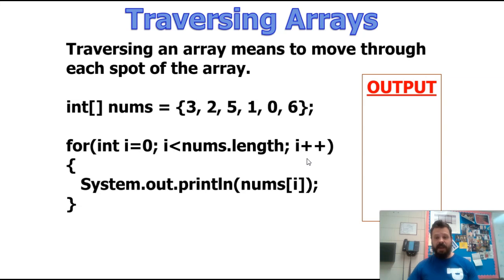Then we'll say i++ to count up by 1 every time. And within that loop, you can do whatever you want with those elements. You could accumulate them, you could search them. In this case, we're just going to print them off by saying nums at index i. As i starts off at 0, we'll get the 0 index. As i moves up to 1, we'll print off the number with the first index, and so on until we go through our entire array.